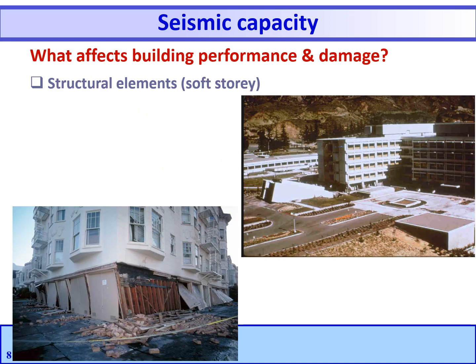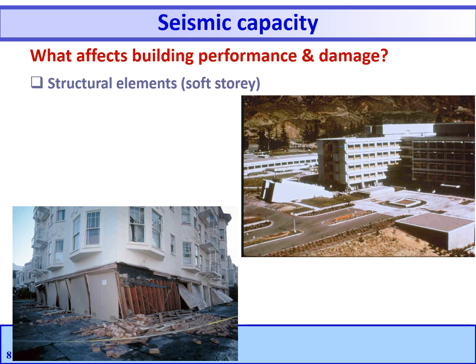Moving away from the role of materials and structural typologies, it's worth noting the role of the general configuration of the building and the layout of its structural elements. A soft story building is a multi-story building in which one or more floors have windows, wide doors, large unobstructed commercial spaces, or other openings in places where a shear wall would normally be required for stability as a matter of earthquake engineering design.